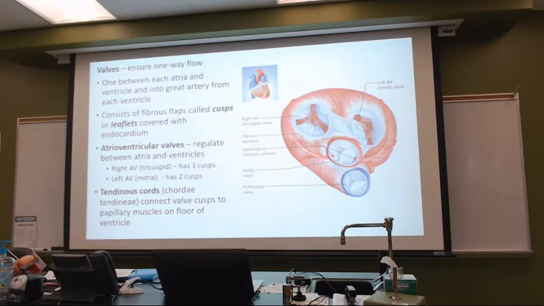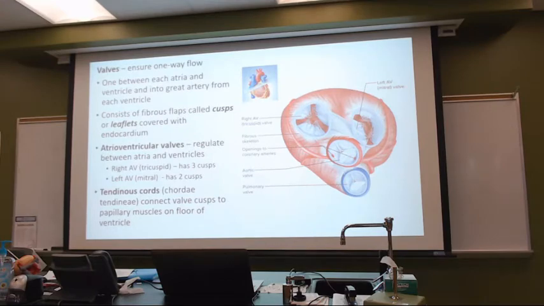But that little flap, as it leads into the great vessel, the lining of a vessel is endothelium. So on this side, going into the vessel, it connects to endothelium. Because we need to make sure the flap can open to allow the blood to come in and close to keep it from flowing backward.